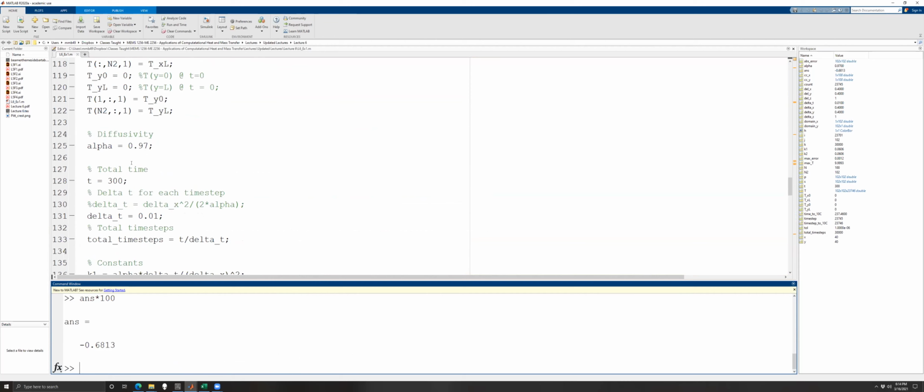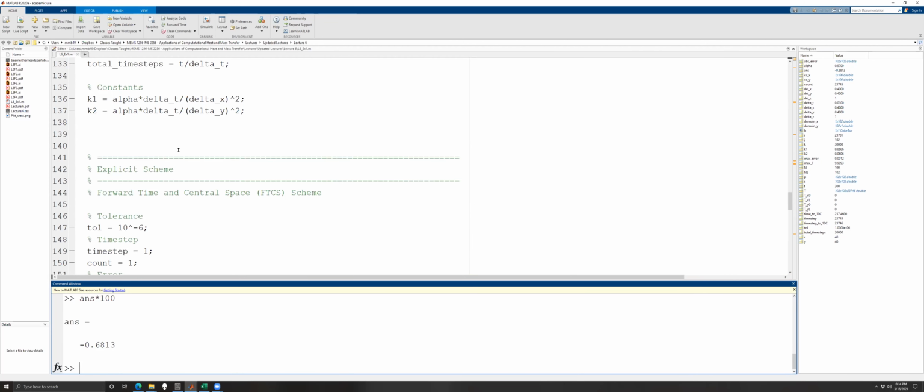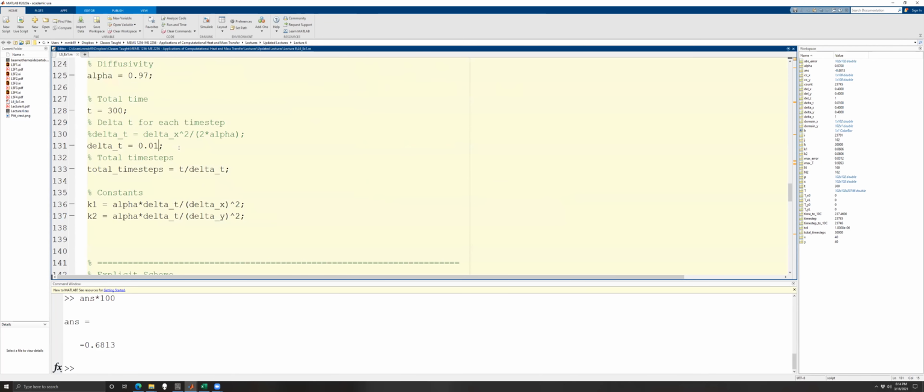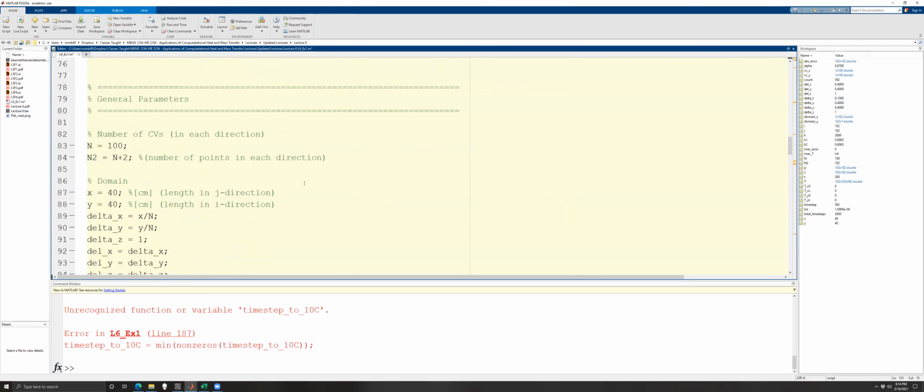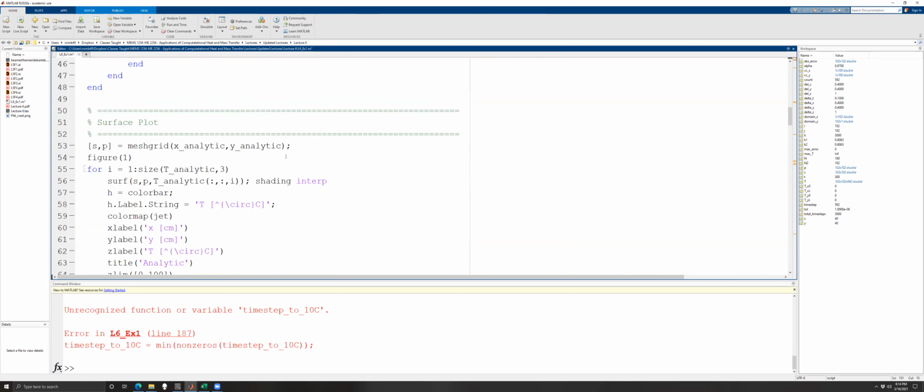And what's cool is, you can play with your time step. For the explicit scheme, we want a relatively small time step. Say you got greedy. Let's see what happens. That should all be defined.